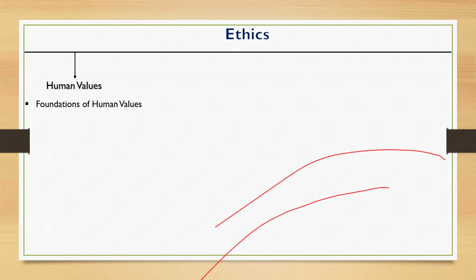And also we got the individual and collective quest for peace and happiness. Those are some of the key principles that compose the foundations of human values. Inside the values and sub-values, we can find love, truth, right conduct, peace, and non-violence, right?